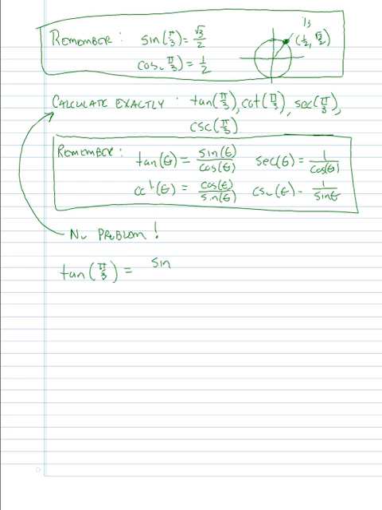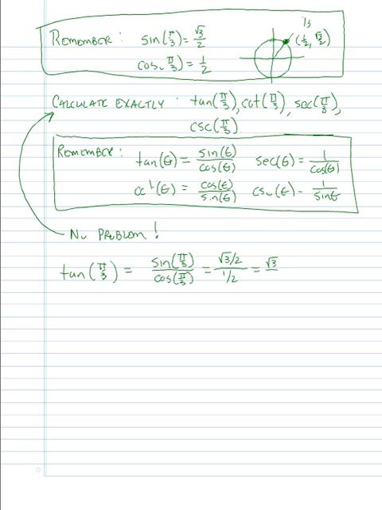So we want to know the tangent of pi over 3. Remember that that's the sine of pi over 3 divided by the cosine of pi over 3. Since we know the sine of pi over 3 is the square root of 3 over 2, and the cosine of pi over 3 is 1/2, we have a fraction, square root of 3 over 2 divided by 1/2. Now we have to be able to do some algebra to simplify that.